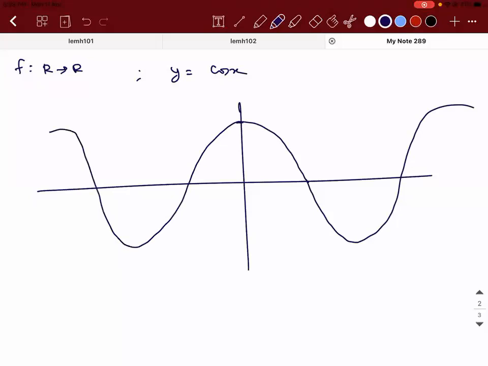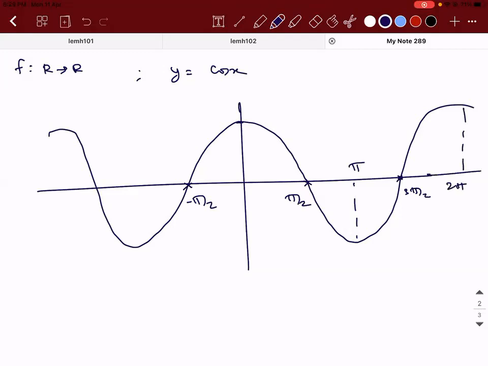So this value is minus pi by 2 and this value is pi by 2, and this value is, sorry, pi, and this value is going to be 3 pi by 2, and this value is again going to be 2 pi.